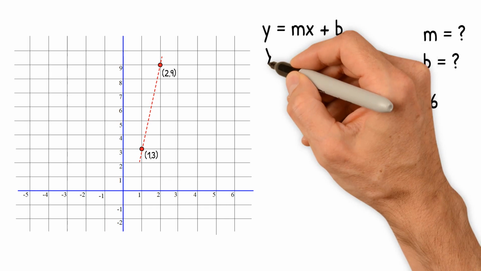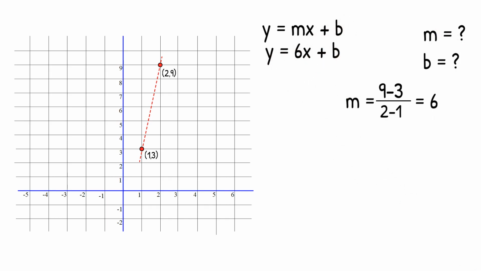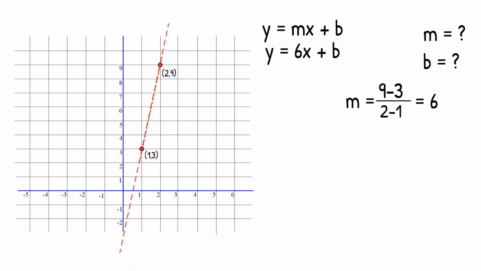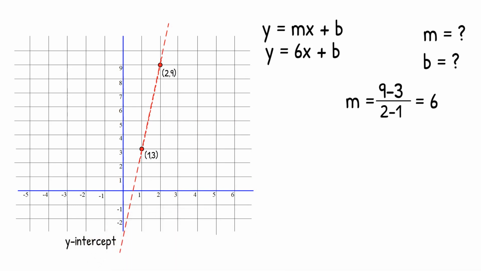This means our equation so far is y equals 6x plus b, because it remains to be seen what b is equal to. One way to do it is to simply plot these points on a graph and extend the line and look visually to where it crosses over the y-axis, and wherever it crosses the y-axis is the y-intercept, since b, after all, is the y-intercept. But this is not necessary. We can be even more clever.